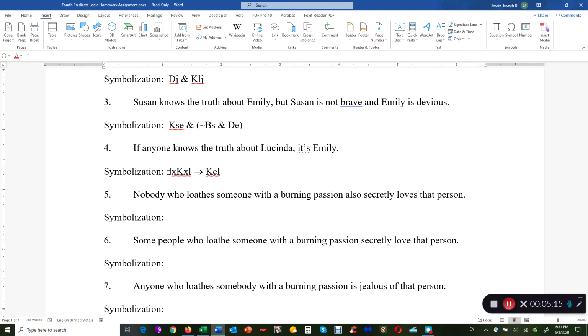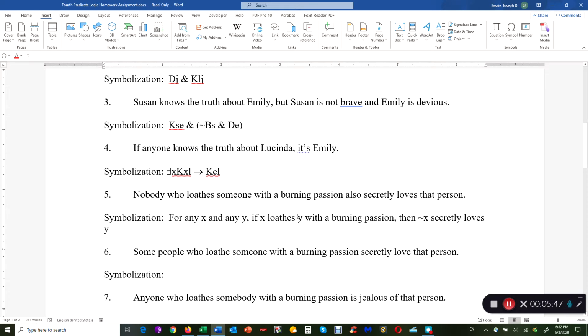What the English says in the first step towards symbols is, for any x and any y, if x loathes y with a burning passion, then it's not the case that x secretly loves y.